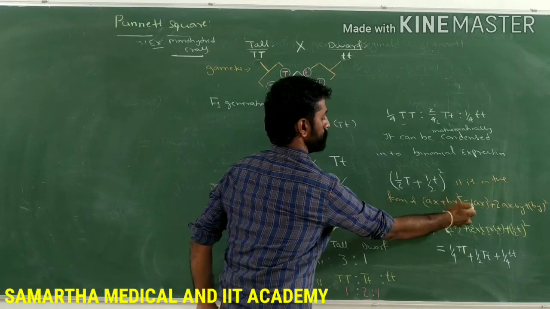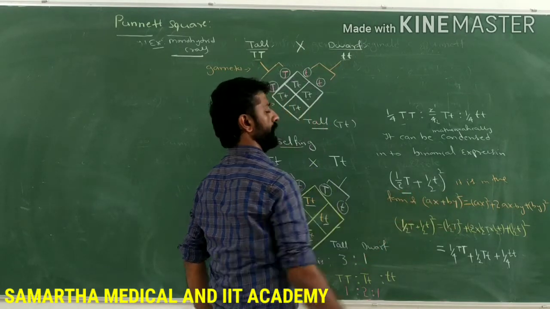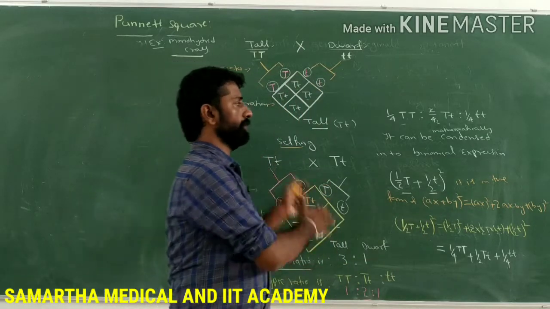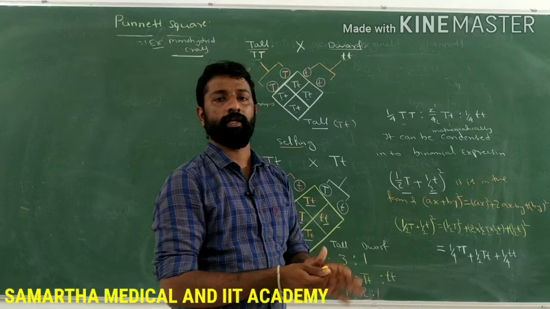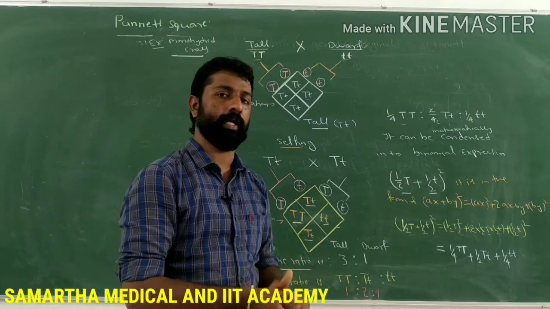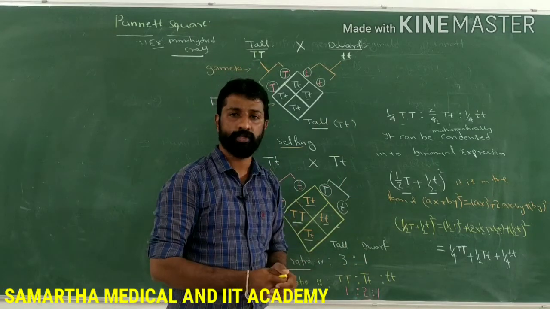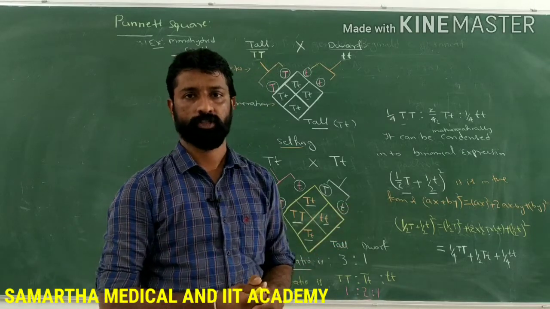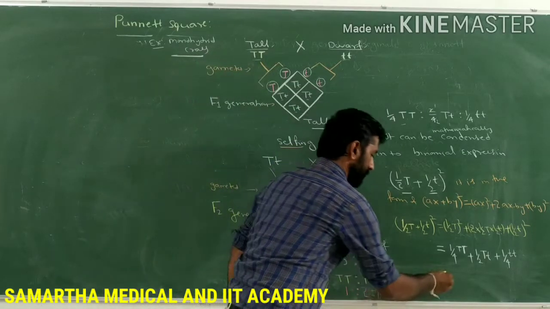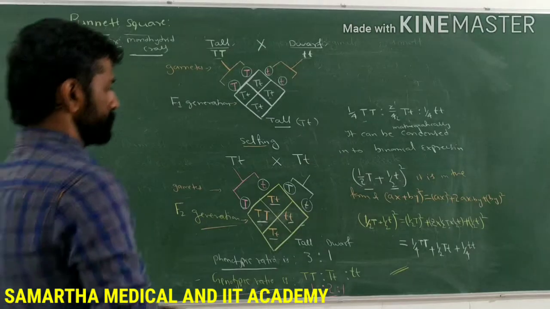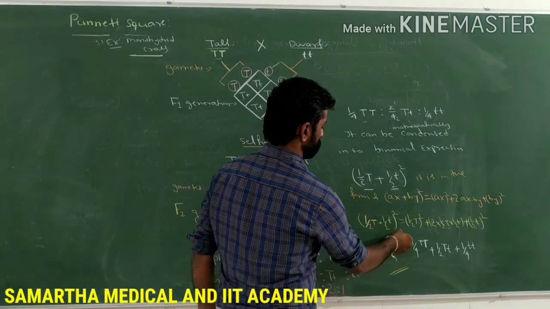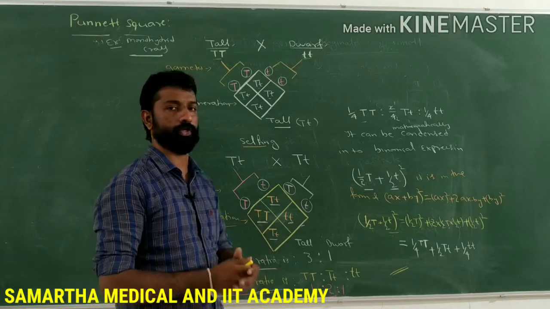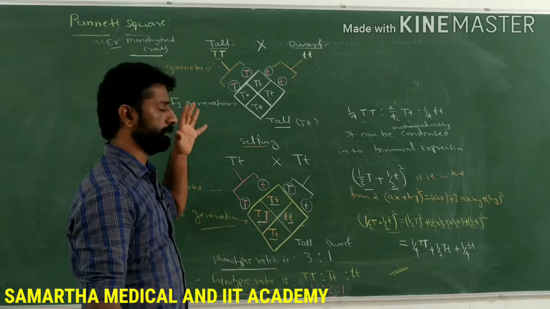The ax plus by whole square form, that is half capital T and half small t whole square. This is how Mendel mathematically formulated the biological observations into the binomial expression form. Is it clear, guys? So this is how to calculate the genotypic and phenotypic ratios in a genetic cross by using the Punnett square.